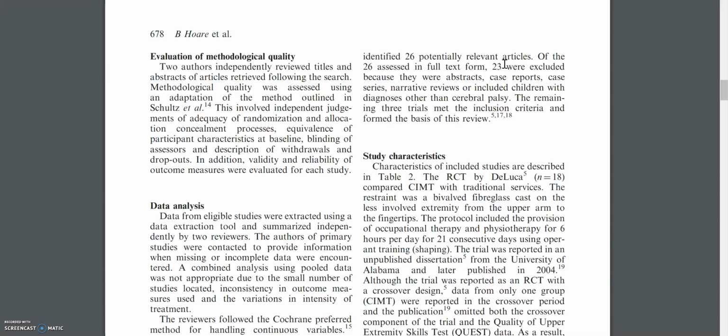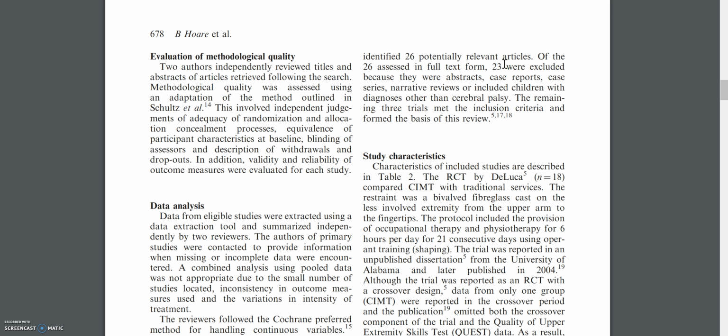So they had devised a question. They found 214 articles that could be related to the question they were asking, and after going through their elimination process, they found 26 articles that focused on what they were actually questioning.